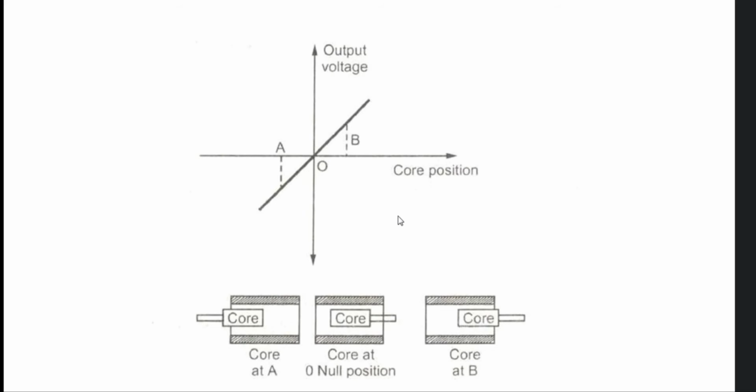So this is the basis for that real-time experiment. You have to be clear on this concept, then only can you measure the LVDT output voltages in the lab experiment. We have to change the core position, and the corresponding output voltage should be noted down.